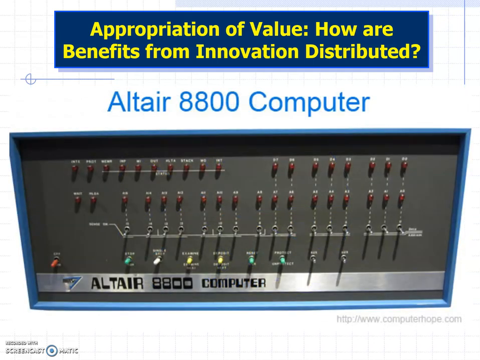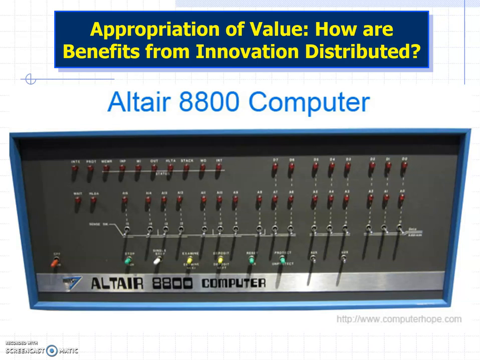Here is the innovator. The problem is that not all the profits go to the inventor or even to the innovator. The profitability of an innovation depends on the value that is created by it and the share of that value that the innovator is able to capture, to appropriate. So this was the PC industry.